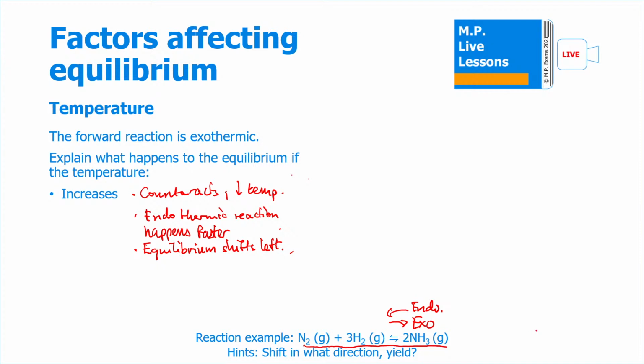That will try and decrease the temperature, and as a result, the equilibrium shifts left. So more of the products on the right will then split up into the original reactants on the left.